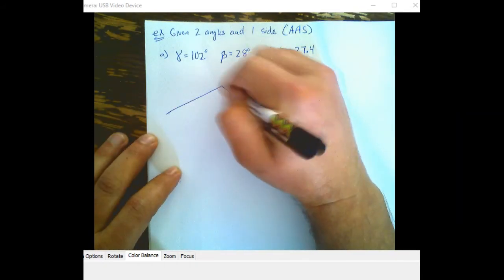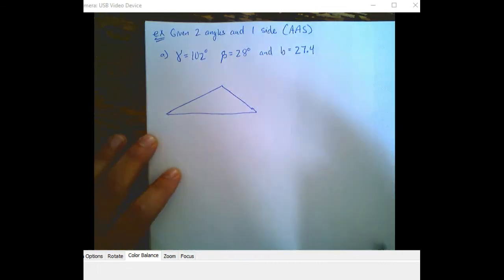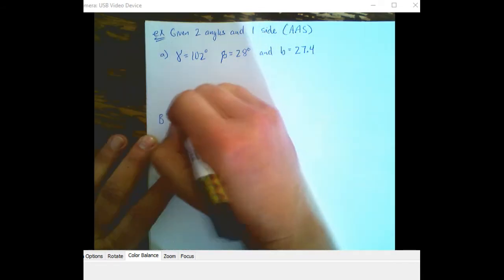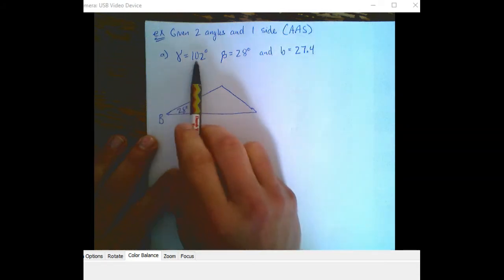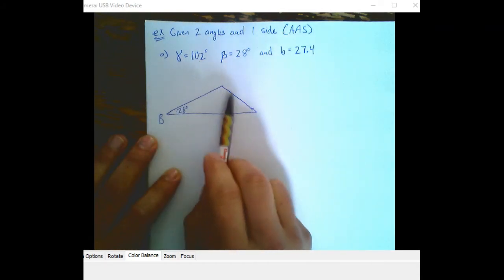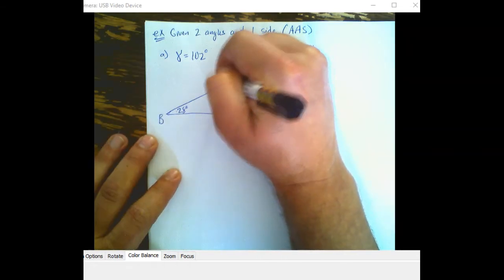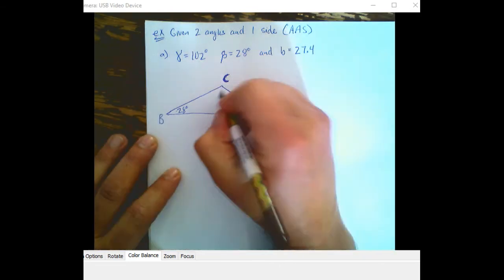So here, we can put beta over here. So beta is 28 degrees, that looks about like a 28-degree angle. And gamma is 102, so let's make the obtuse angle equal to gamma. So let's say that's big C. Let's call this A. So 102 here.